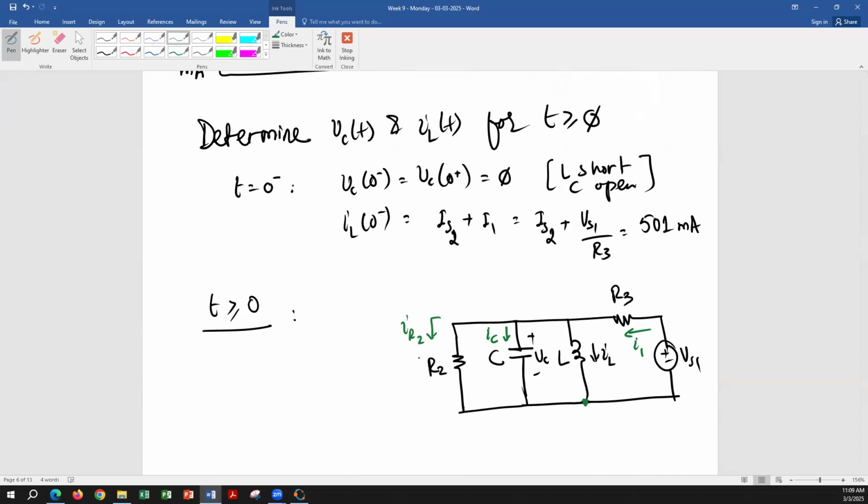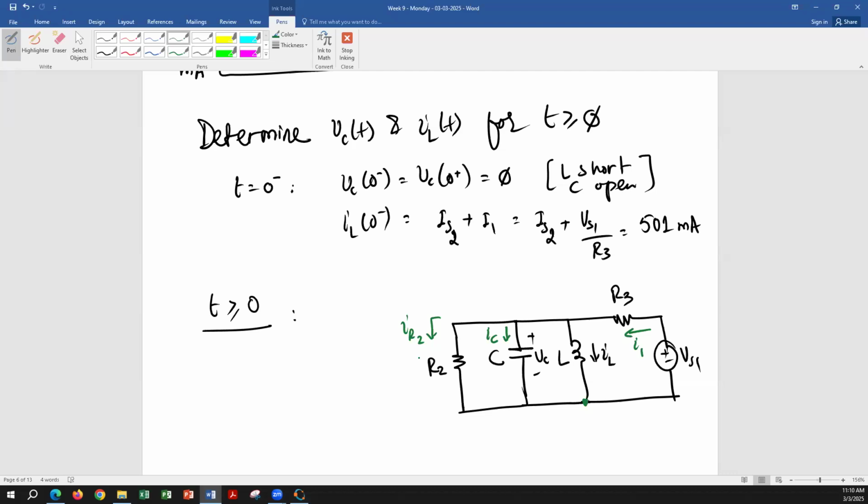So how can we write IC from the circuit? IC is equal to what? No, that's not IC. You're mixing signs. Your equation is correct, but you're mixing signs. Look at the direction of currents again. I1 is going in and it's dividing into those three currents.